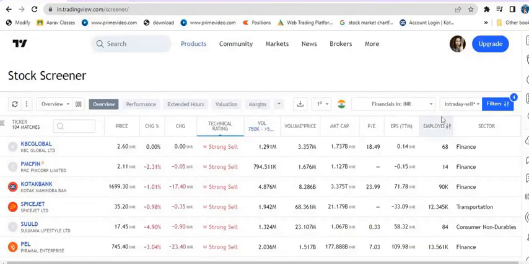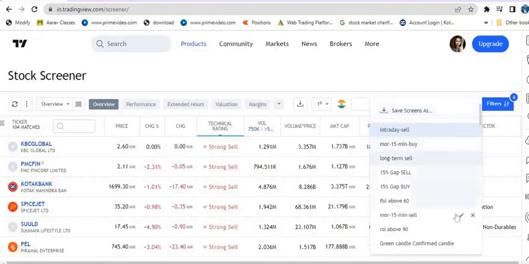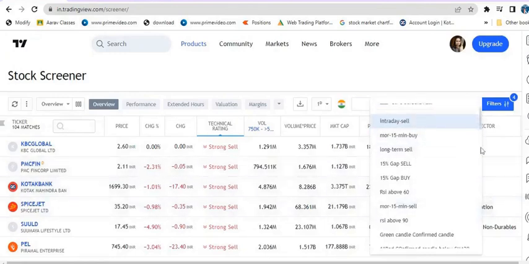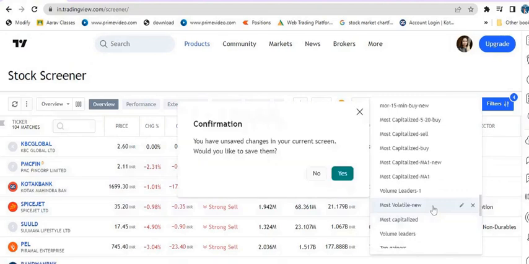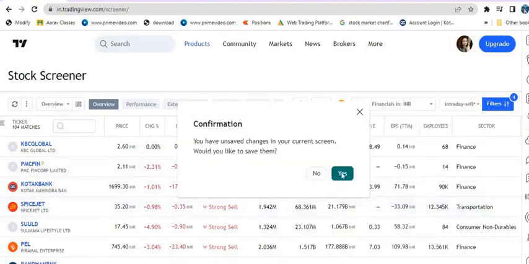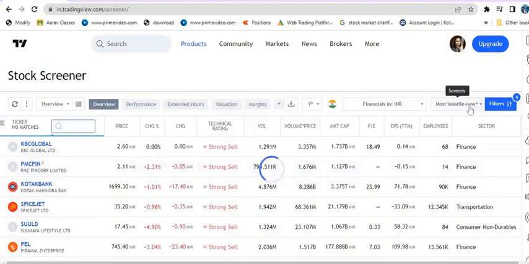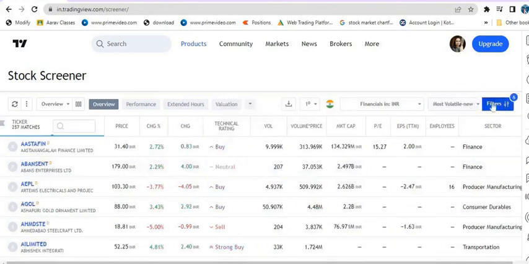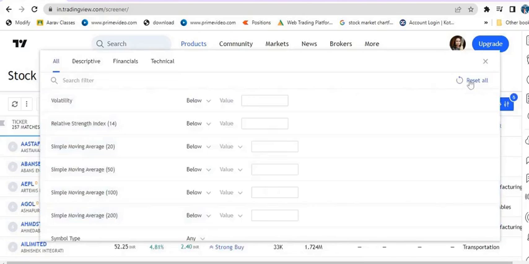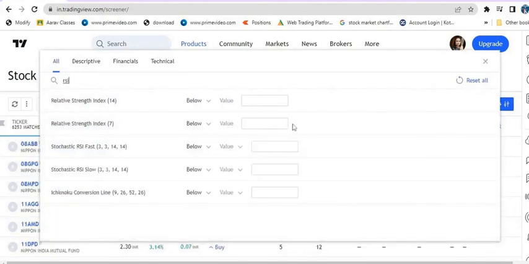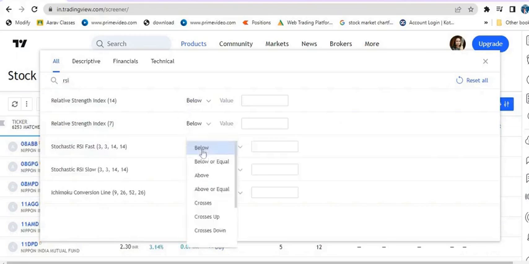So go to screener, select any screener name. Go to filter, reset all. So RSI has to be, for buying I am telling, RSI has to be above 30.